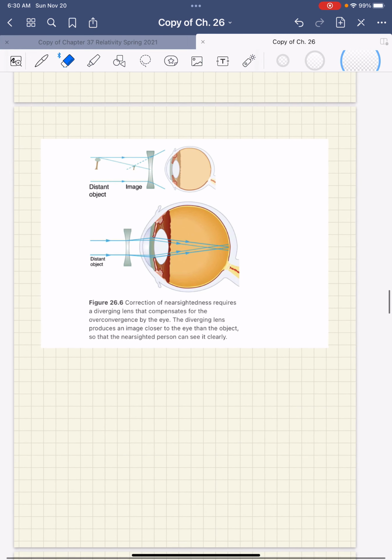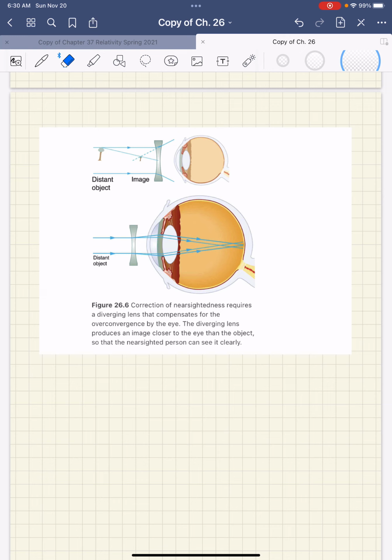Now, for correction of nearsightedness, we want the rays to diverge for a longer distance, and therefore we use a diverging lens.